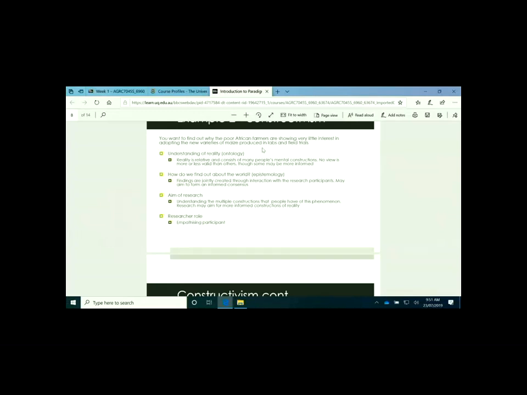Right? Some may be less informed than others, but they're still no less valid than another person's construction of reality. Right? So rather than thinking about the rules of nature and that things are reproducible and replicable, we're now thinking about different constructions about the world around us. All right?